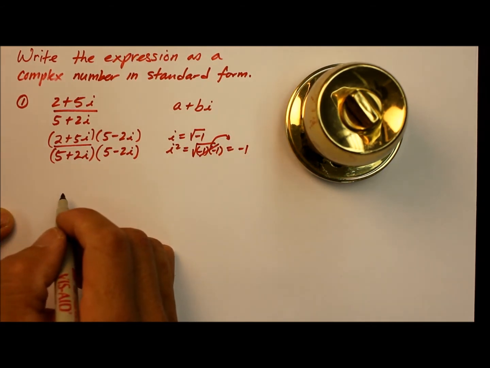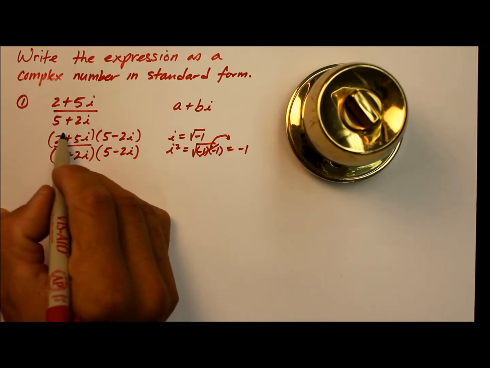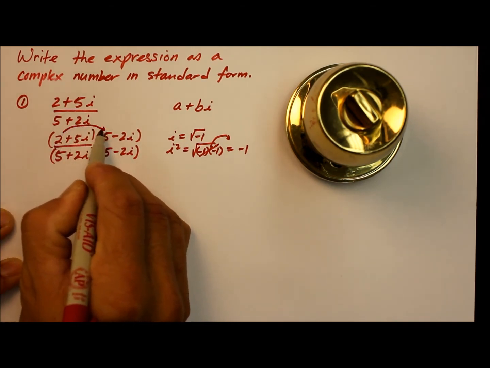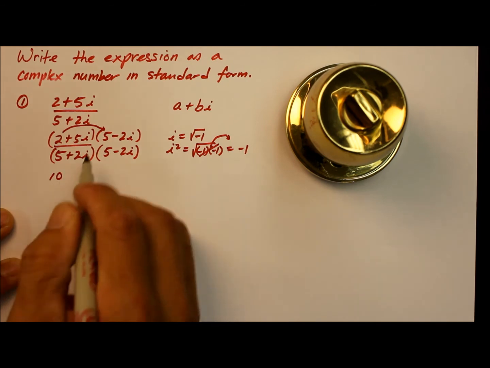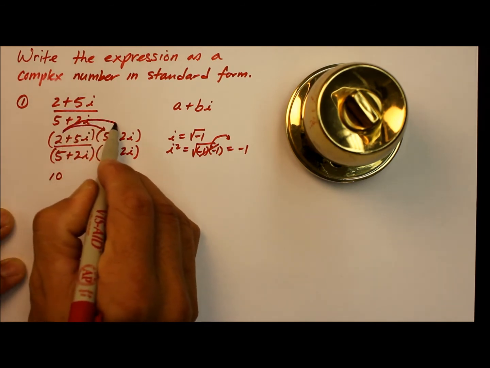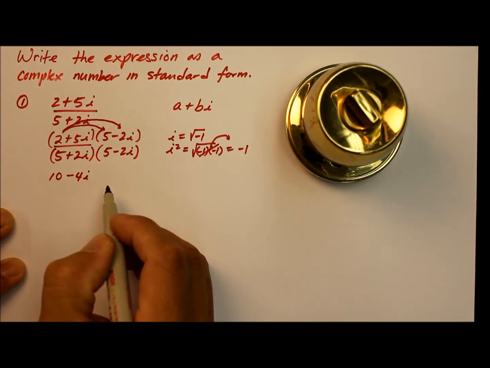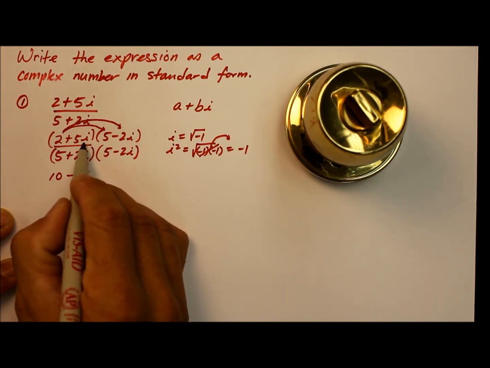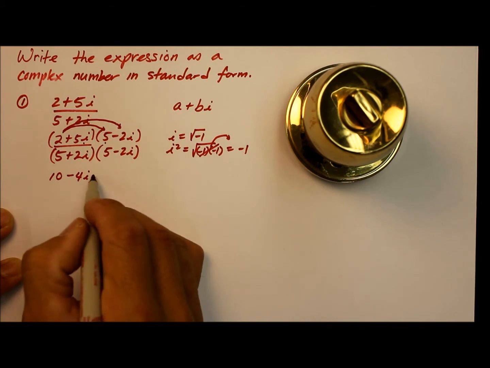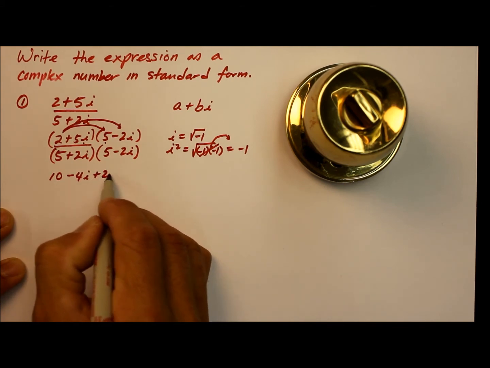That being said, we could do the distributive property here. First, 2 times 5 is 10. And 2 times negative 2i is negative 4i. Now the middle term, 5i times 5, they're both positive, so it becomes 25i.